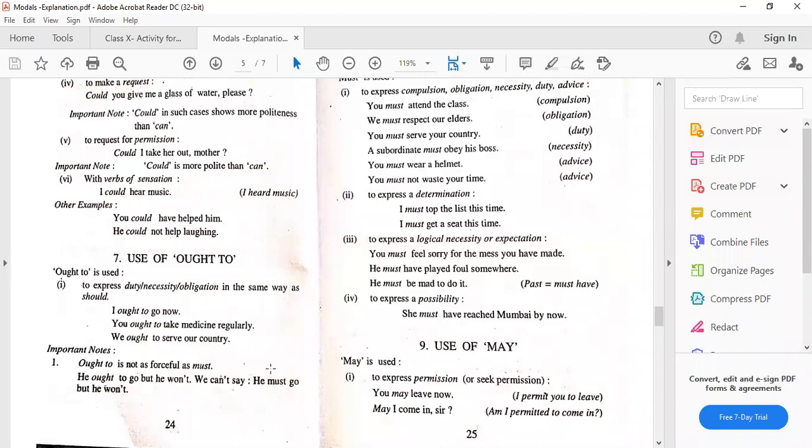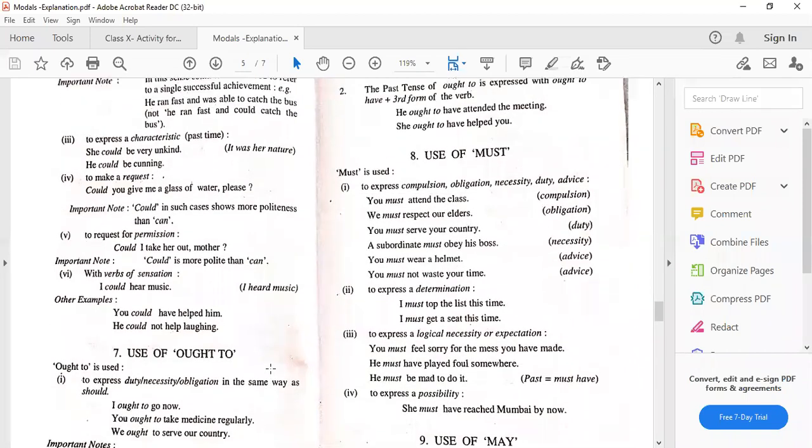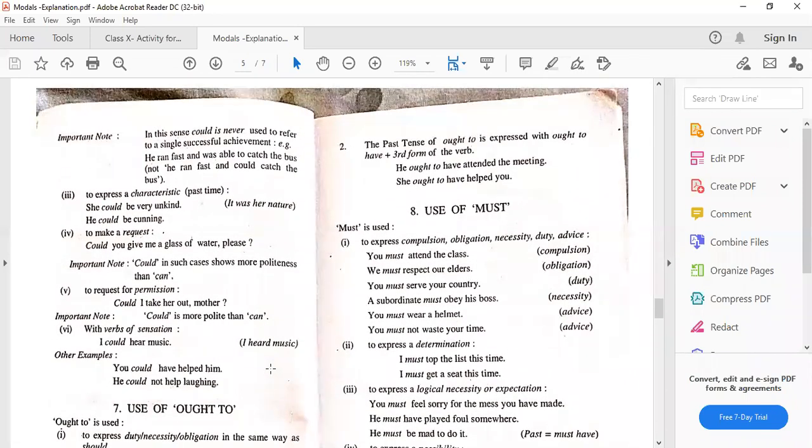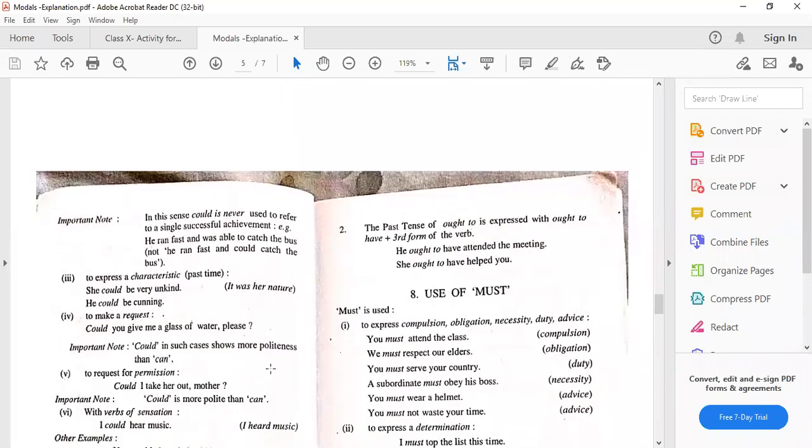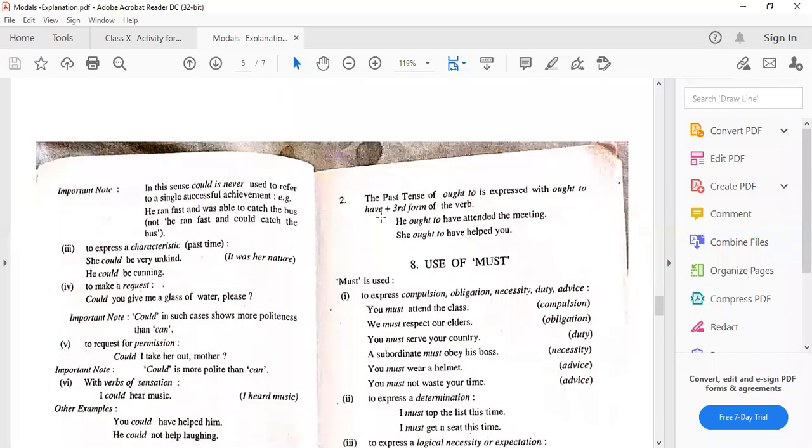Must means ज़रूरी है, वो काम होगा ही. Clear?